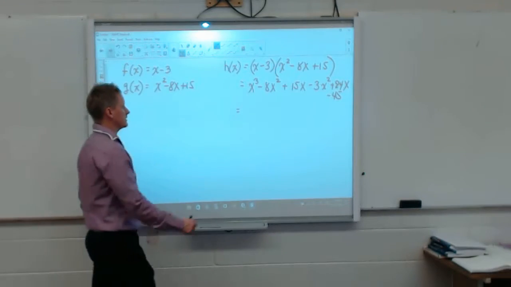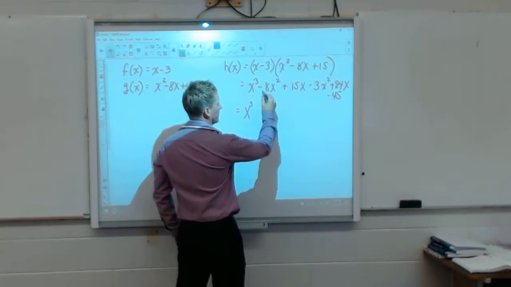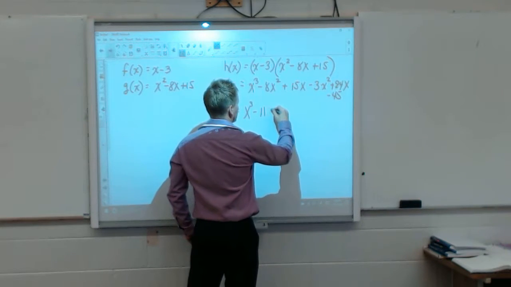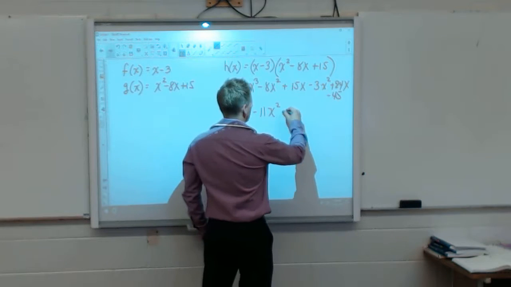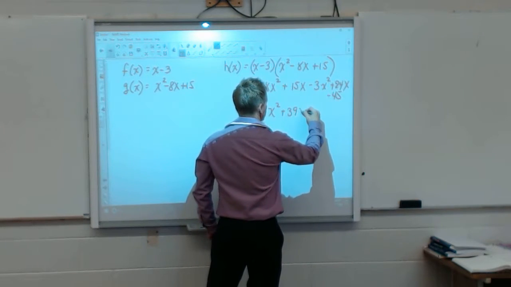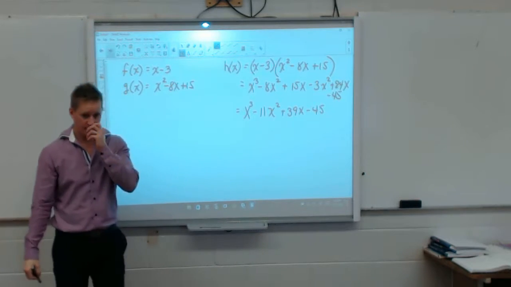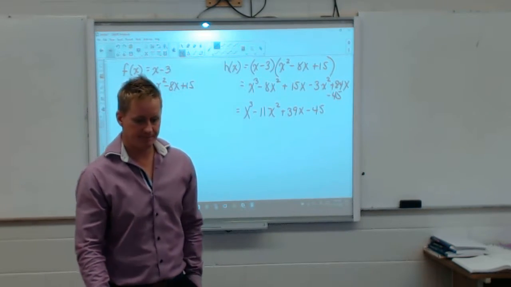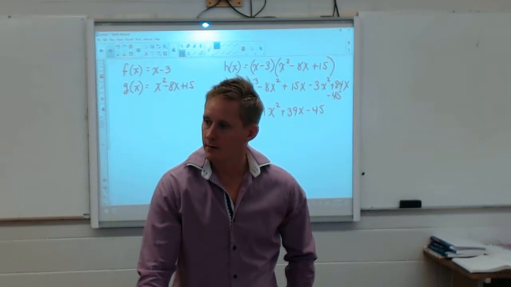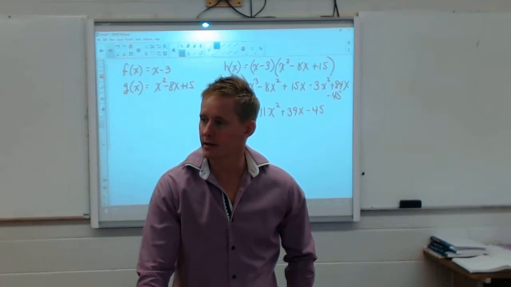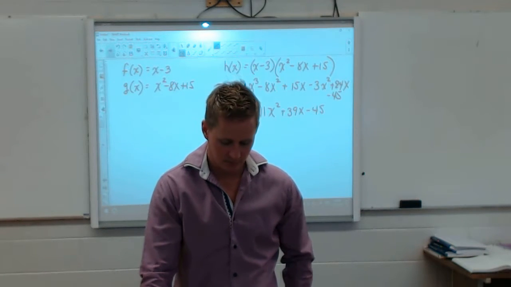Collect the like terms: x cubed minus 11x squared plus 39x minus 45. Okay? Anybody have a question as to how we multiply that?